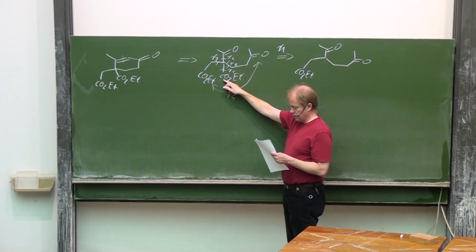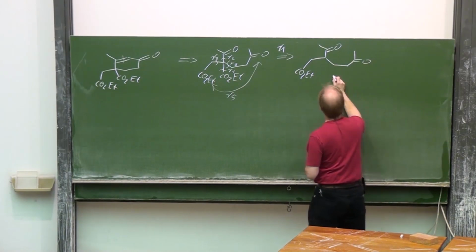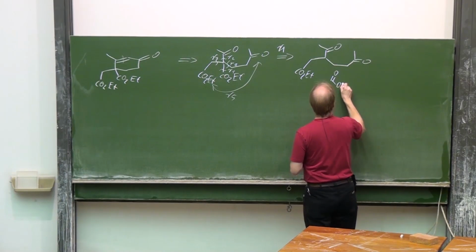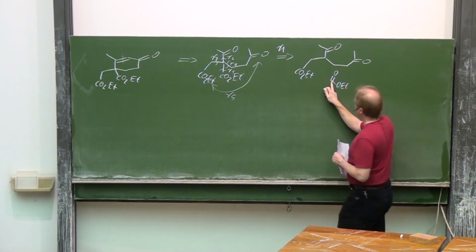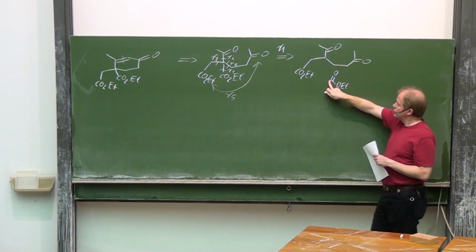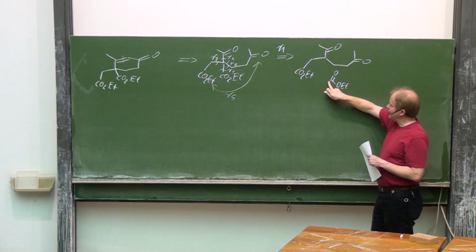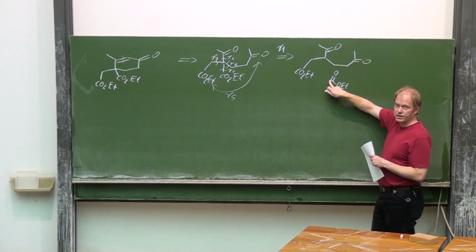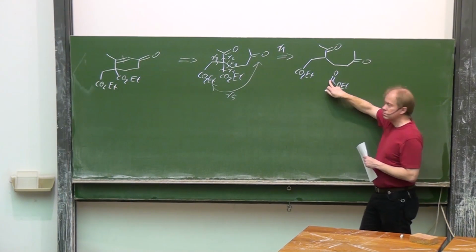So, just adding a synthon that has acceptor reactivity here, we need a leaving group. And the most simple leaving group in that case would be, of course, just an ethoxy group.